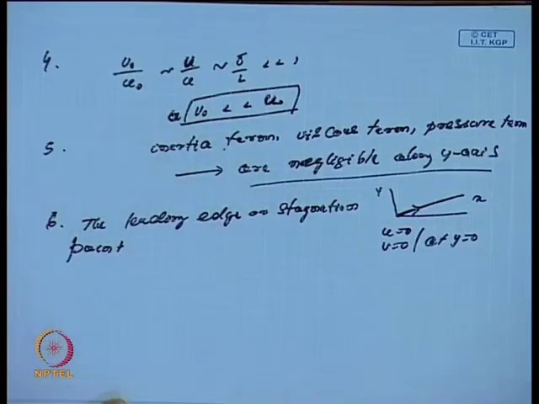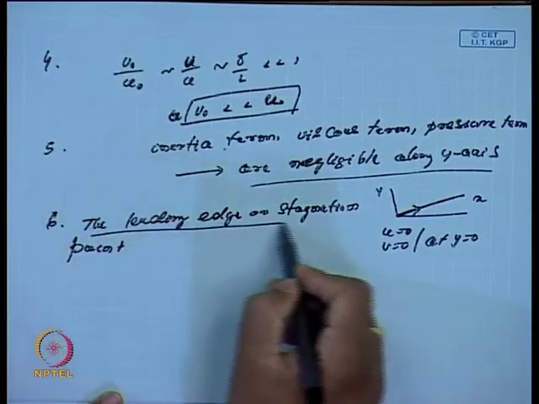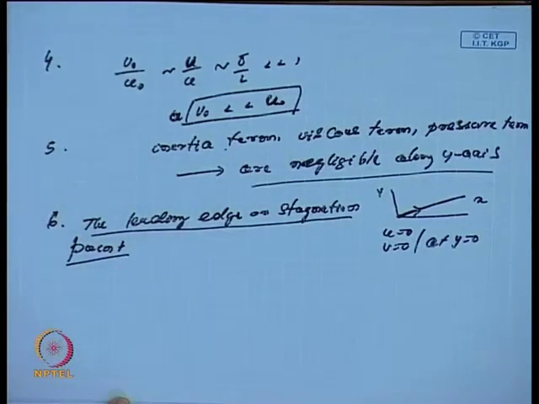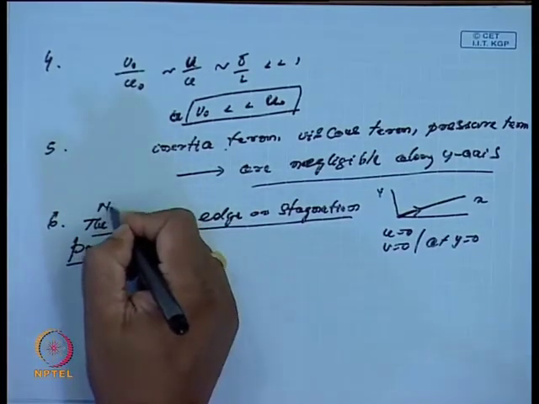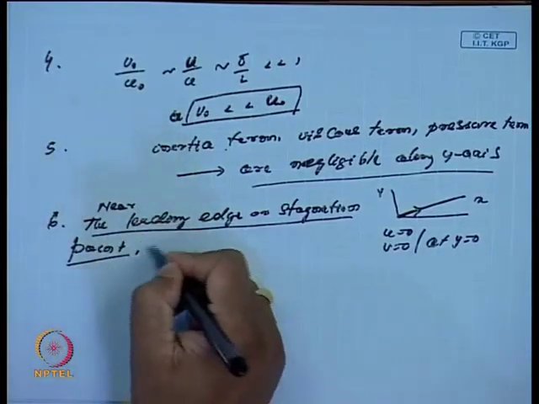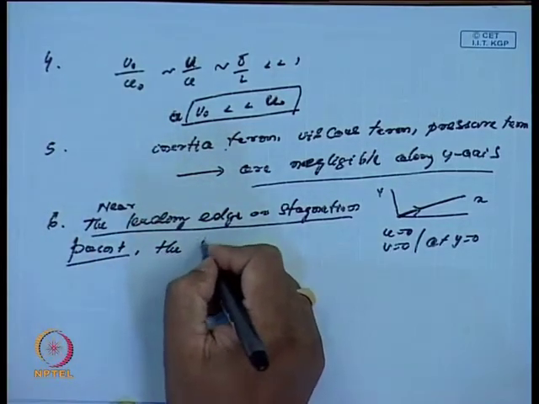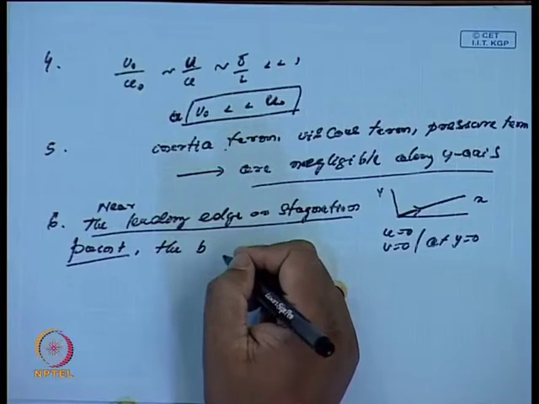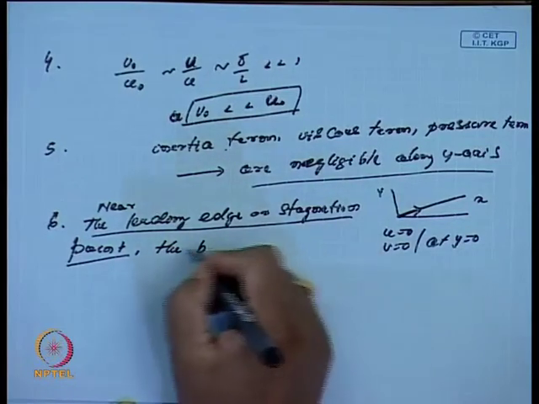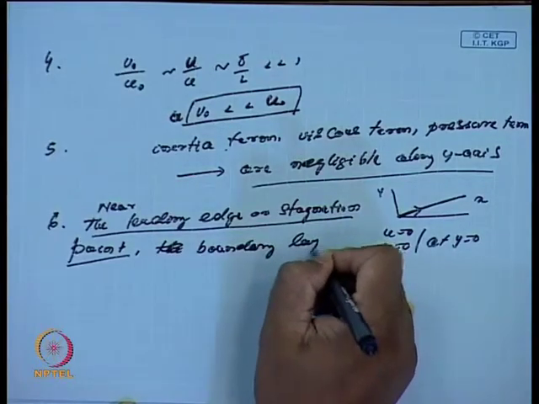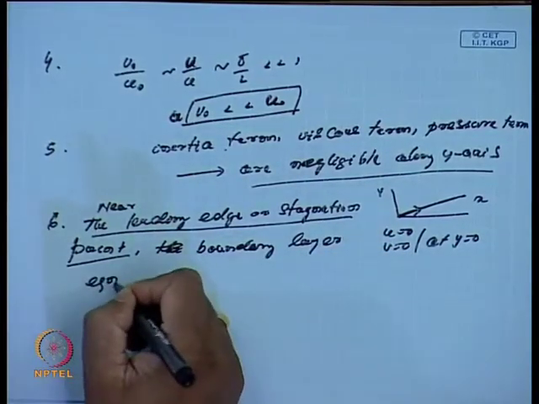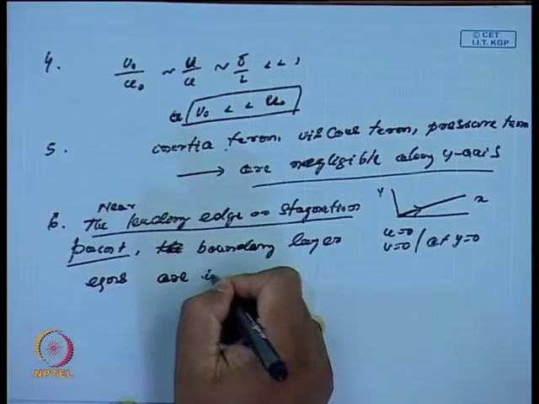where we have seen that in case of an aerofoil there is a flow singularity which occurs, and in this situation near the leading edge the boundary layer equations are invalid.